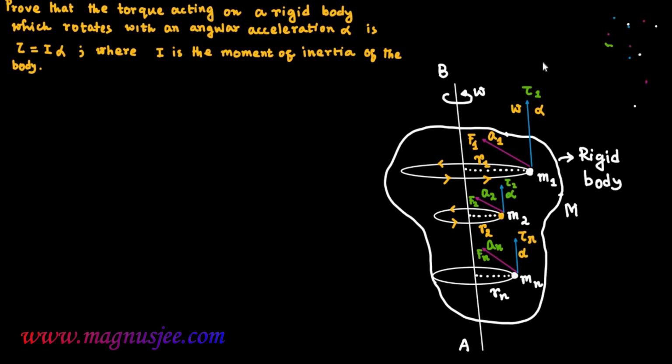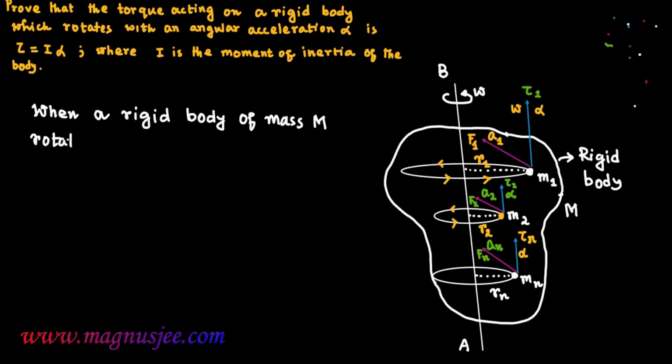In this case, linear accelerations are different, that is A1, A2, An, all acting inwards, but the angular acceleration of all the particles will be the same, that is alpha.